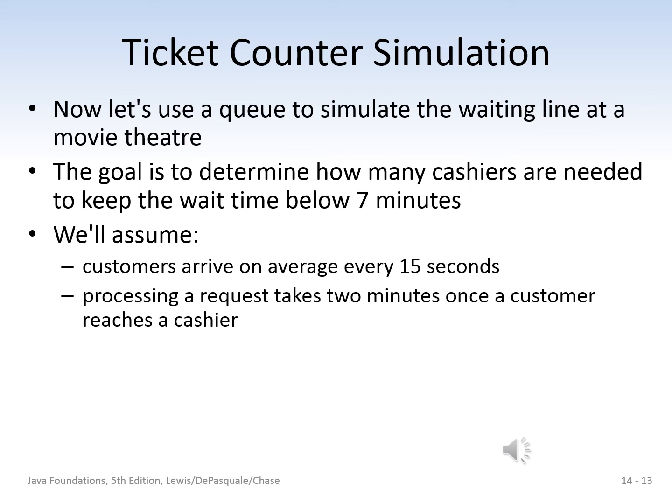Here are some assumptions for this scenario. Customers arrive every 15 seconds, and processing a request takes 2 minutes once a customer reaches a cashier. Given those parameters, we want to keep the wait time below 7 minutes.